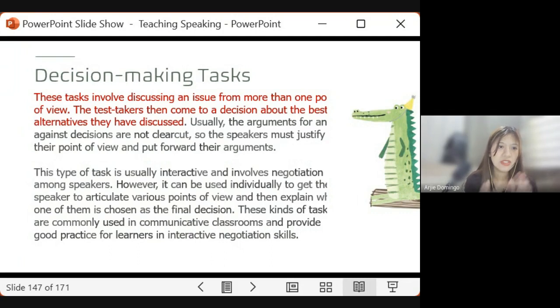So for example, a decision making task would more likely involve negotiation, and it could be done individually or by pair also, and it is used to provide activities to practice their interaction or interactive negotiation skills.